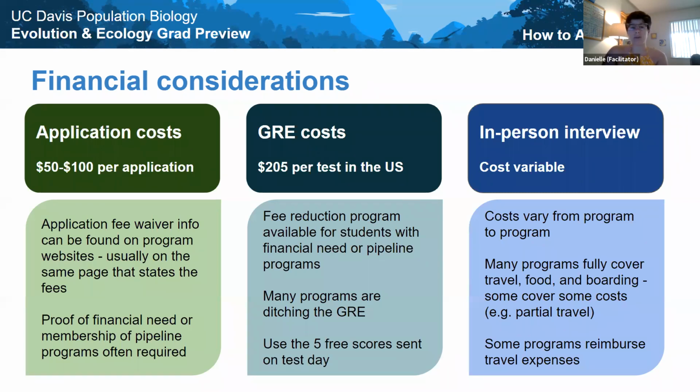Another strategy that programs use is reimbursement. So you will be required to purchase maybe travel, and then they will reimburse you after the weekend is done. This can be flexible. And if you have financial needs, then you should totally email the program chair about your situation.